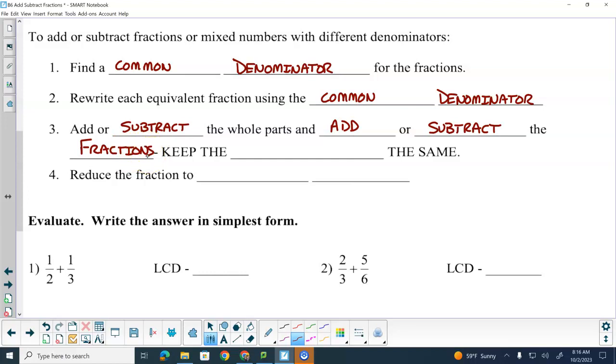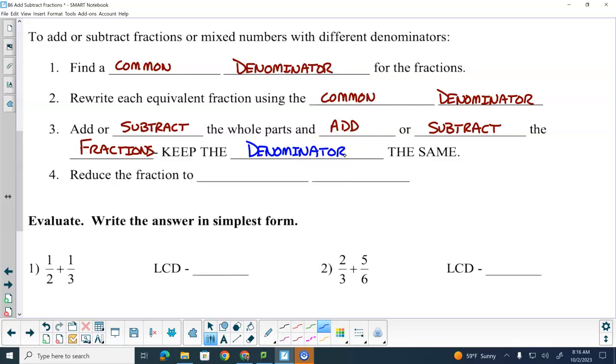We're going to add or subtract the whole parts, add or subtract the fractions, and then make that into our new number. The kicker is we're going to keep the denominator the same.